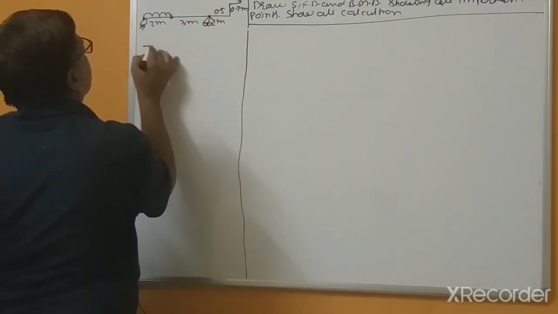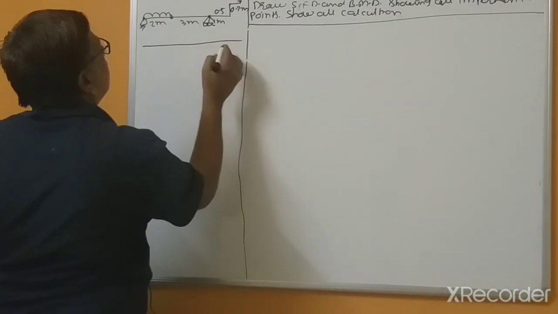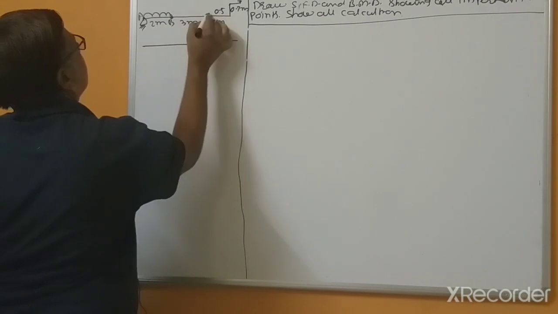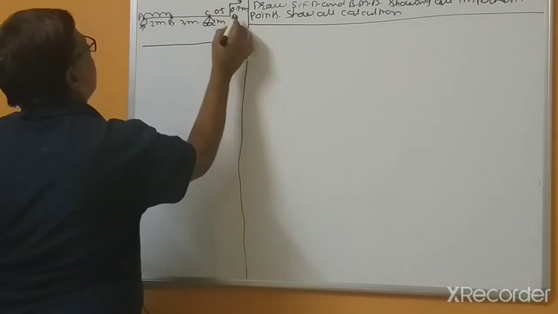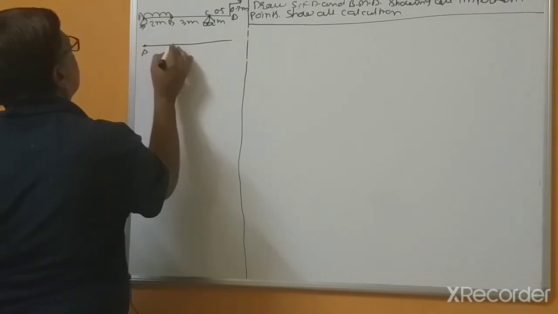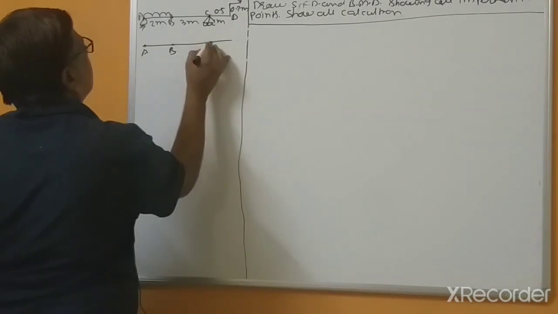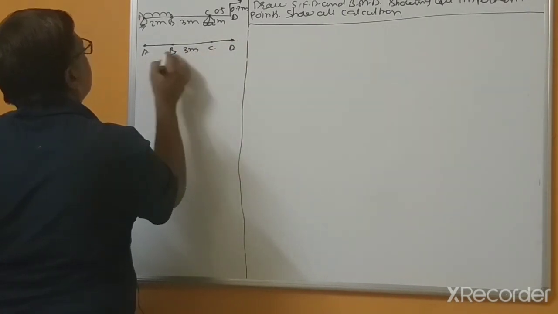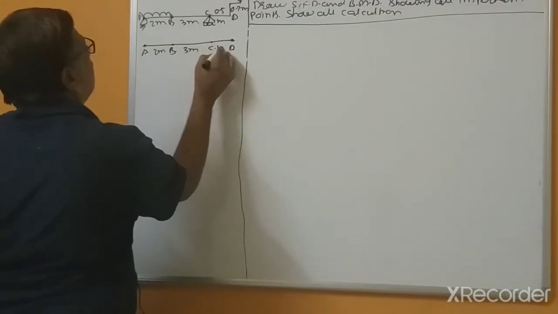So first we'll draw the load diagram, marking points A, B, C and D. Here also A, B, C, D, with 3 meter, 2 meter, 1 meter.